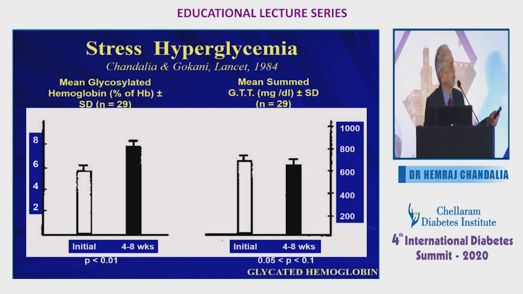In fact, subsequently, we also followed them and correlated closely as to which were really diabetics and which were stress hyperglycemic. And we showed that even the transient stress hyperglycemia leads to glycosylation. So it means it will alter physiology, it will alter enzymes, it will alter the enzyme function, and therefore should be treated. This was our contention in showing this data, that stress hyperglycemia should be treated.